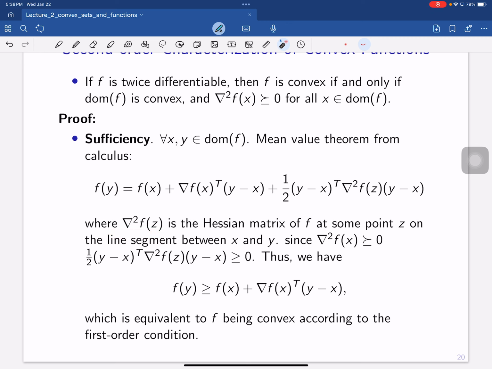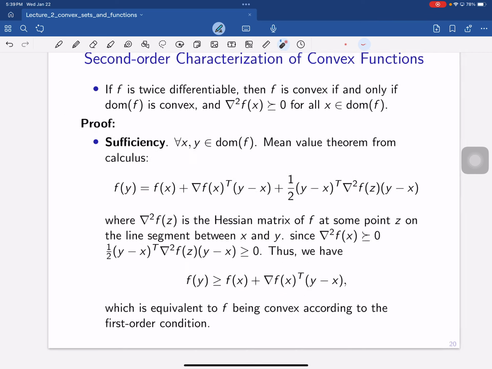You take any two arbitrary points x and y, then you have this Lagrange remainder term here, right? Because this Hessian is always positive semi-definite, this part is always greater than or equal to 0, and that implies the first order characterization.